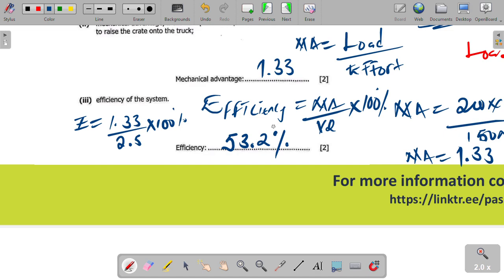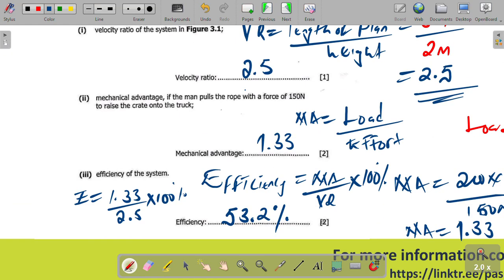So this is the efficiency of the system, 53.2%, almost half. It's not 100 here, but it's almost half, which means the efficiency is almost on the good side.